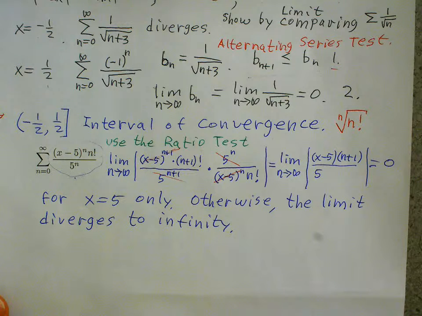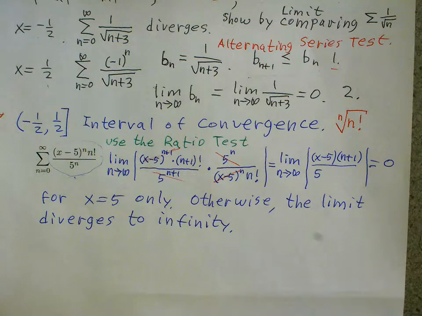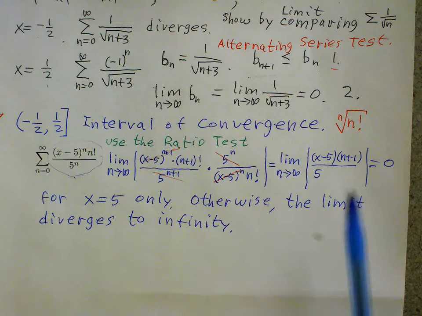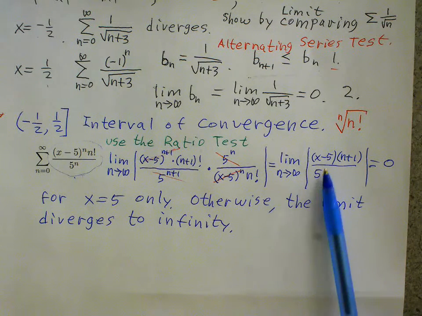Sure enough, that satisfies the first possibility of the power series theorem we discussed last class, where the series converges only when x equals a, where a in this case is 5. Yep, that's one of the three possibilities.